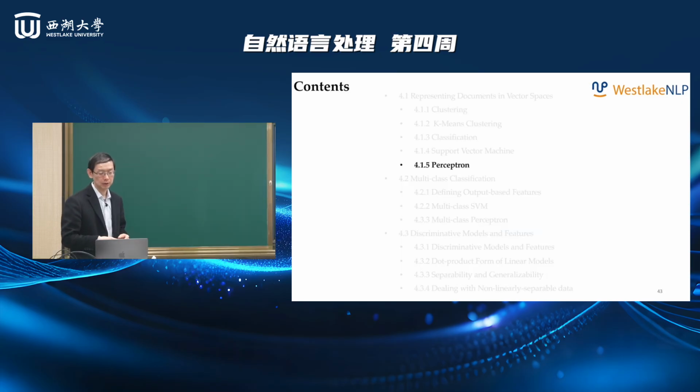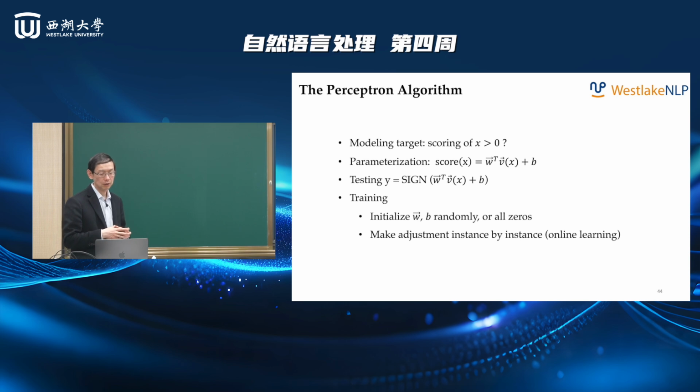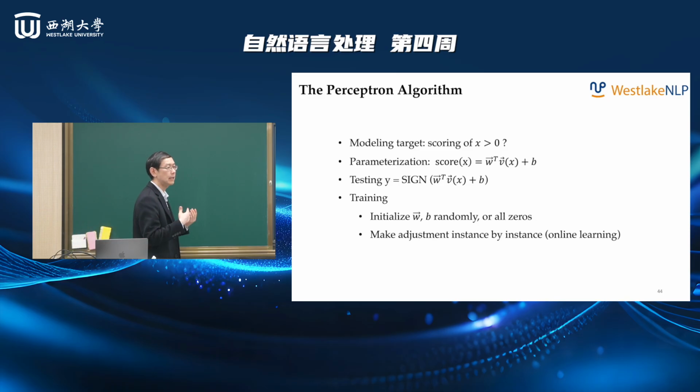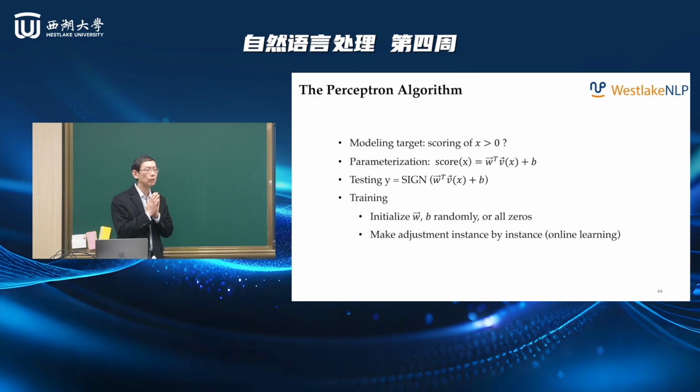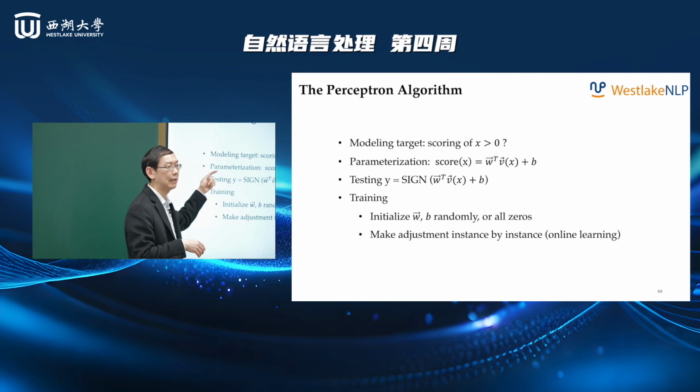So now let's look at the perceptron. This is also what you have learned in machine learning, so I go through it briefly. Perceptron has the same parameterization as the SVM. The goal is, we are given a document representation V of X, and we want to find a hyperplane, basically omega V plus B. If it is greater than 0, it's of class +1.